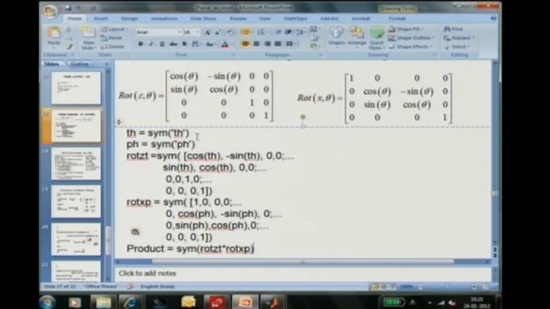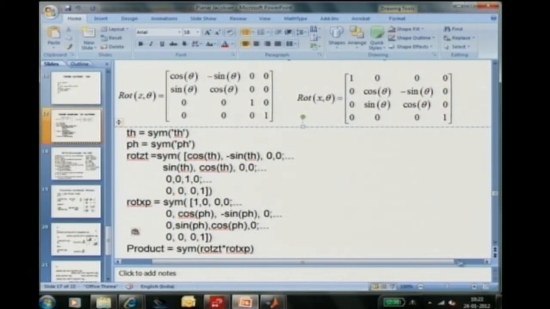So I just write cos theta and then minus sin theta 0 0 semicolon, and these three dots are continuation, so it means it continues on to the next line, sin theta cos theta 0 0, and so forth. As I define this matrix, then I define this matrix, rotation of x with phi, which is this, again in the symbolic form.